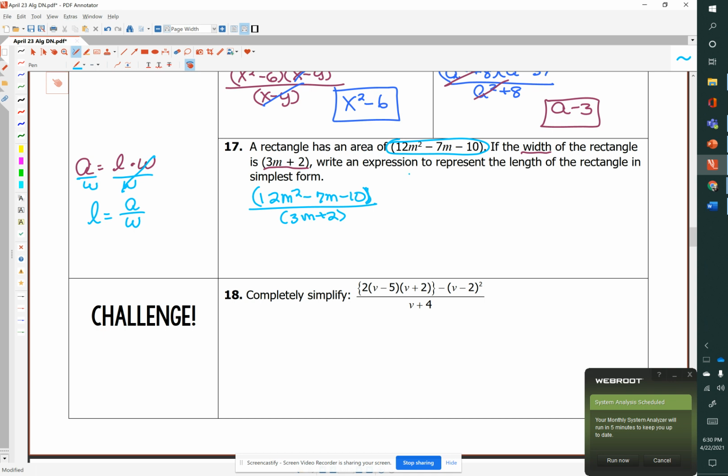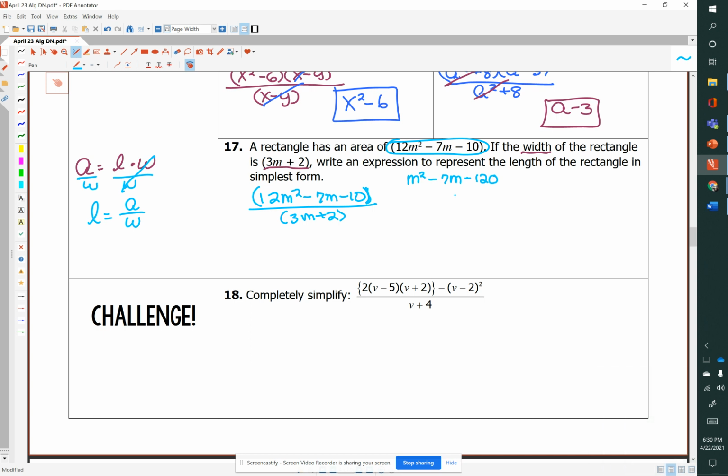We can't factor out anything, so it's going to be m squared minus 7m minus 120, and 12 times 10 times 5. Okay, I've got this.